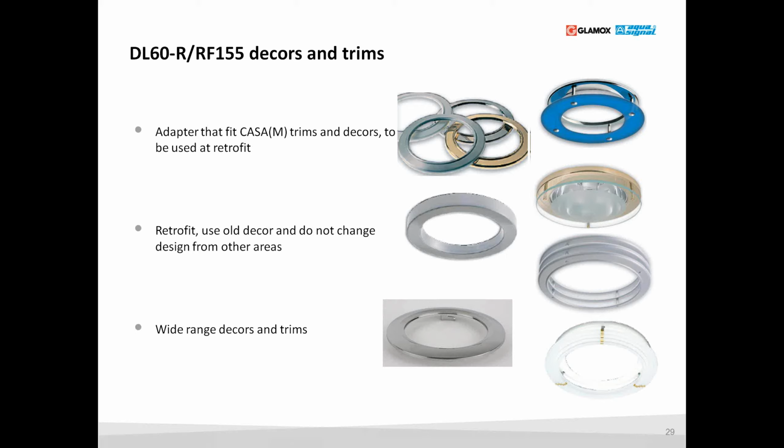That's a benefit, because then you get a lower price on the fitting, but also you can use up the old trims and you don't get any shadow patterns up in the ceiling, because the old Casa Marines has a wider diameter on the trims. So when you take it down and put a new one, for instance with a new design trim like this one we have today at the DL60, which is a chrome plastic compared with the metallic, this is a slimmer diameter.